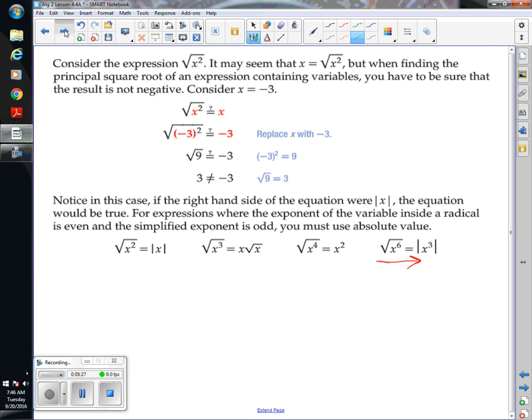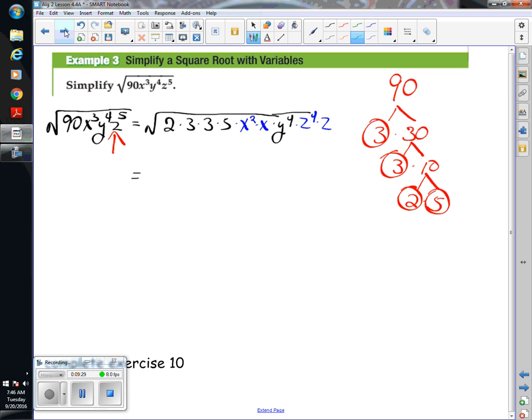Once again, we're going to need to start pulling numbers out. We can see that in this case, 2 is a single 2, so I'm going to leave it. I have a pair of 3's. Cross out a pair, bring out 1. I've got a single 5. I've got x squared. Well, I'm going to take out those x squares right there and bring out a single x.